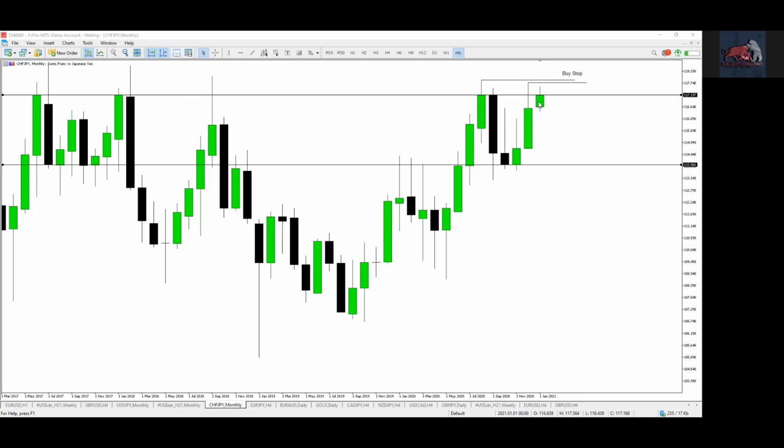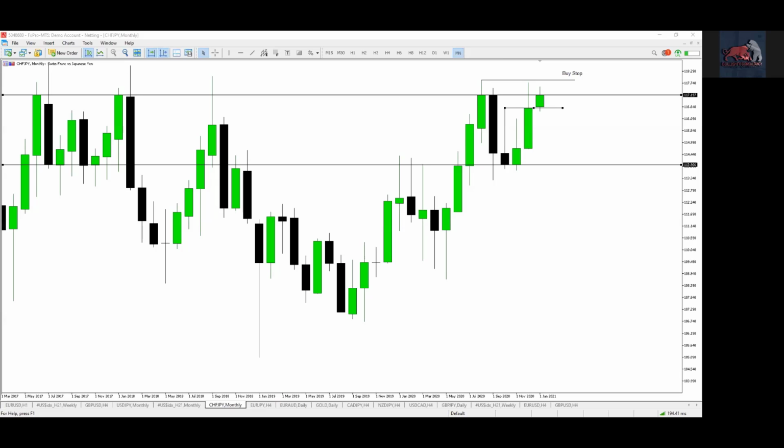If dollar turns bullish, then your target on CHFJPY becomes an old high. You see this old high here? We've got this level here. That will be your target for price to drop down to before you maybe see another push to the upside. So we've got liquidity to the upside.